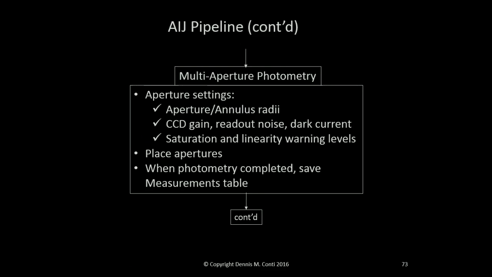We'll be setting limits for what our saturation is expected to be for the CCD camera we're using, as well as a linearity warning. We'll place the apertures on the target and comp stars. And as you will see, as we conduct the photometry, a measurements table will be created.